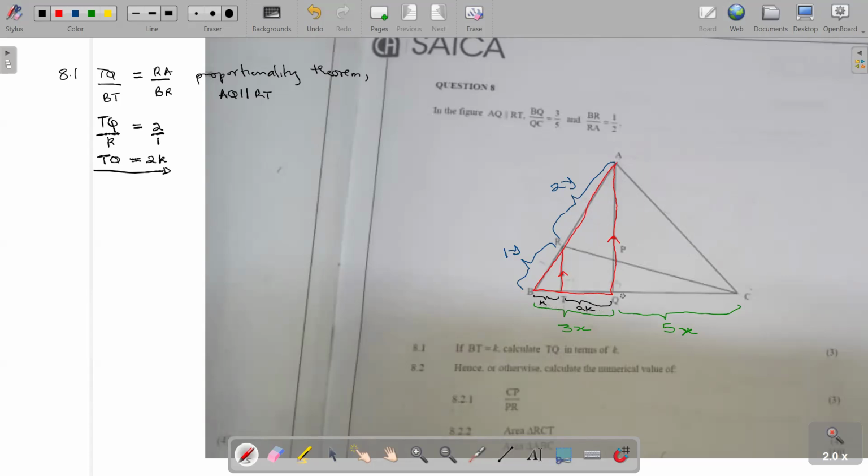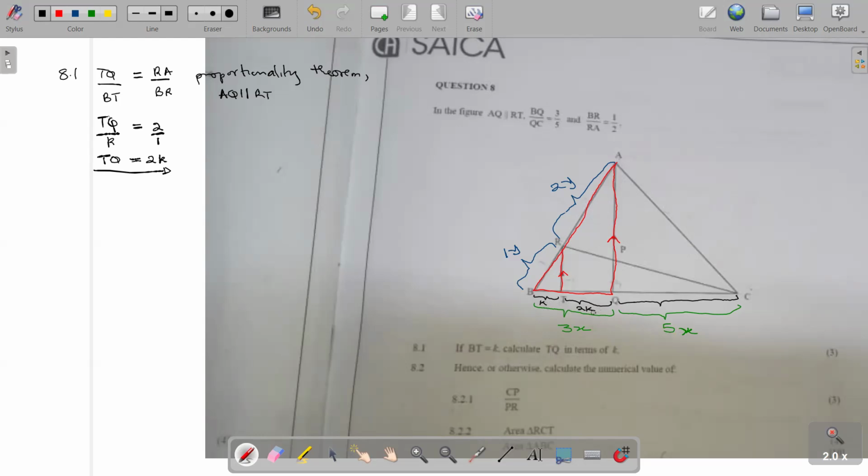So if we now want to get the actual distance of QC, we can use the ratio we are given here of 3:5.